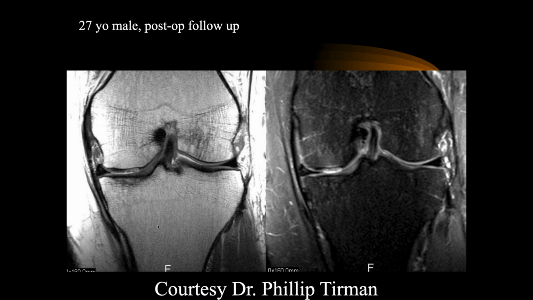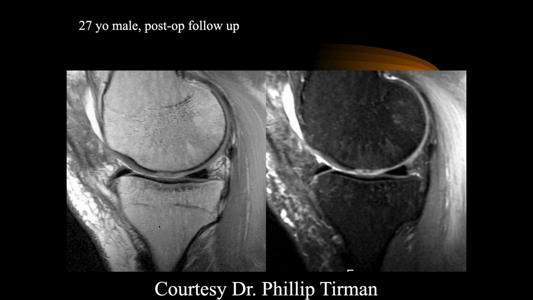Okay, what do you think here? Okay, so post-op follow-up. I see the chondral defect in the medial femoral condyle with some underlying bone marrow edema. This is post-op. So on the PD fat-sat, it looks like there's some irregularity and some fissuring.